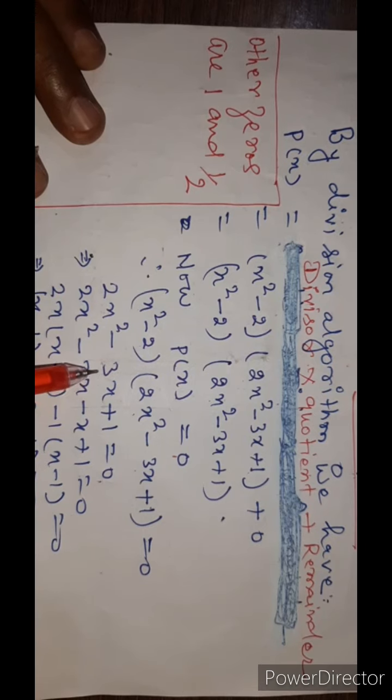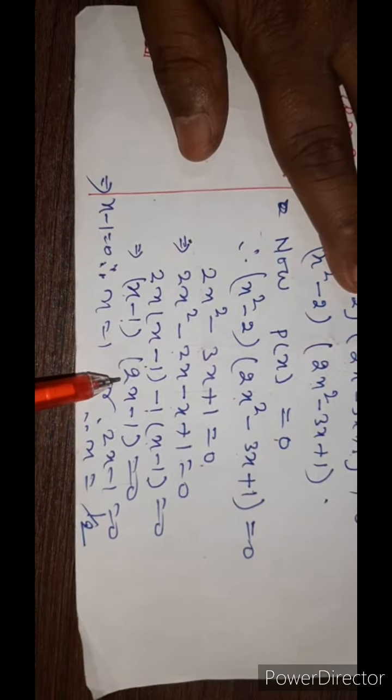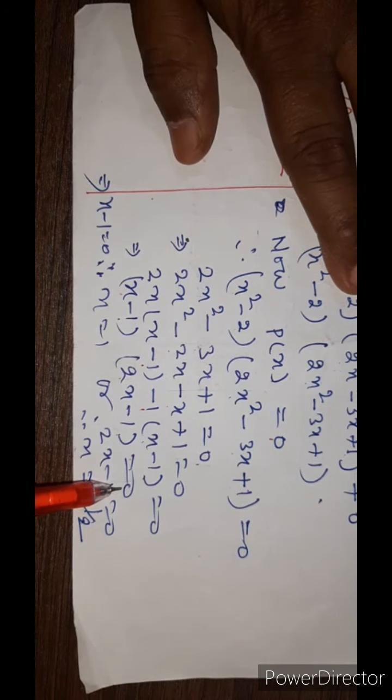Now split this middle term, minus 2x minus x. Again taking 2x as common, it will be x minus 1. Here taking minus 1 as common, then it will be x minus 1. Again taking x minus 1 as common, then it will be x minus 1 into 2x minus 1 equal to 0.